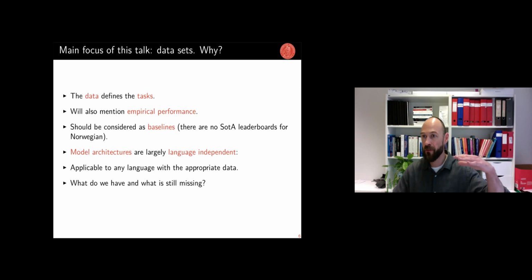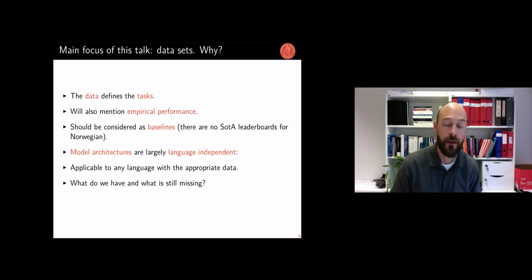You have these leaderboards for most of the main data sets where you have different models ranked according to their performance. But for Norwegian, we don't really have these types of leaderboards. And the reason is because there's not enough people working on Norwegian data. So it doesn't make that much sense to talk about state-of-the-art performance.